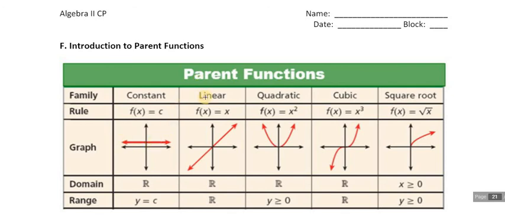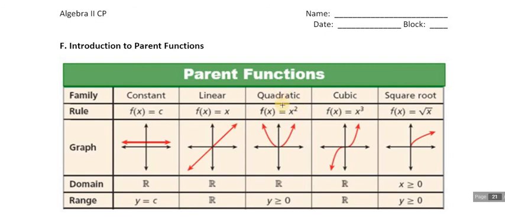Then we have our linear function, where we have a certain y-intercept and a certain amount of slope, where the slope is not 0. So in this case, the domain is all real numbers and the range is all real numbers because it's going to rise and run somehow, some direction forever.